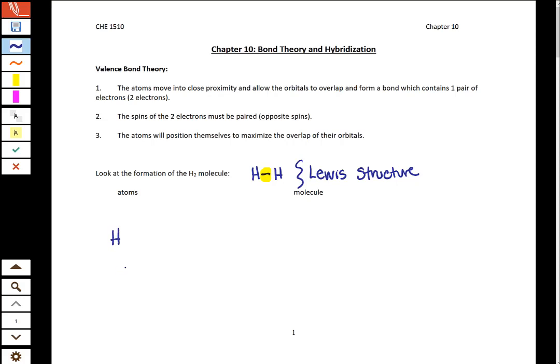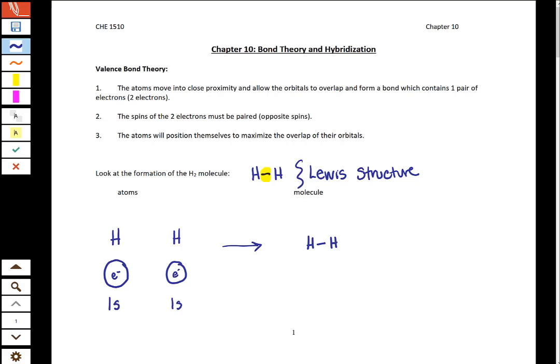And so imagine you have a hydrogen atom with a 1s orbital, and it has its 1 electron in it. And then you have another hydrogen atom also with a 1s orbital with 1 electron in it. And so when these two atoms come together, we draw the sharing of those electrons as the bond between the hydrogens.